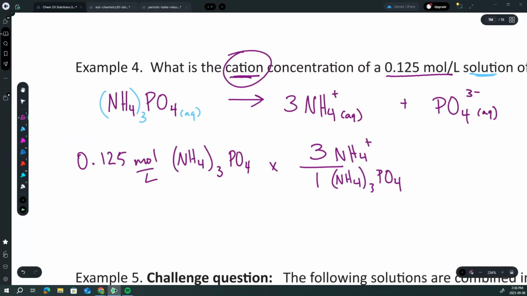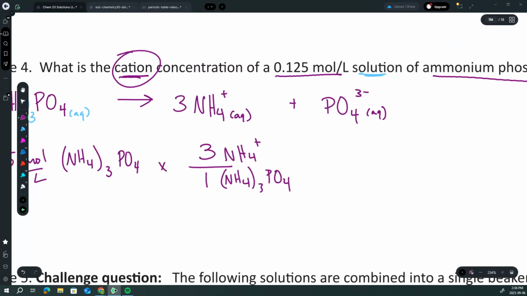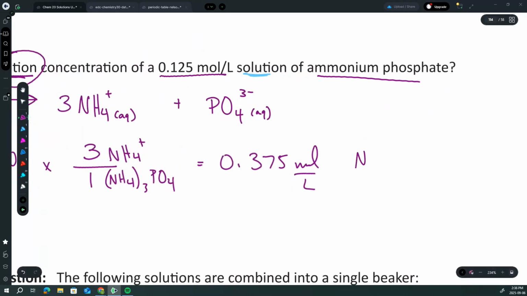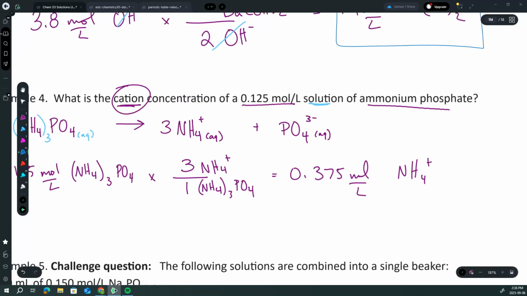So we're taking 0.125, timesing it by 3, dividing by 1. Okay, so that's going to give us 0.375 mole per liter of ammonium. Okay, so this number here is in 3 sig digs. My answer is in 3 sig digs. I'm done.